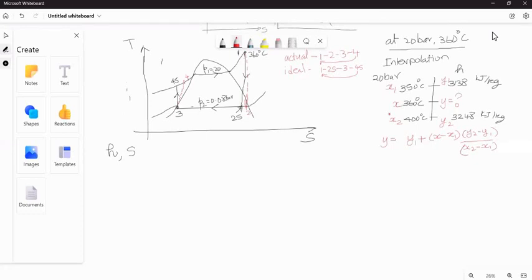This is the value. So to find out y, you can substitute all values, right? I just substitute just to show you the interpolation. X is 360 and then 350.